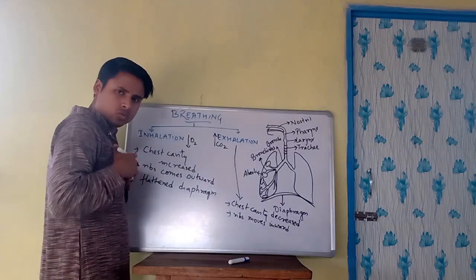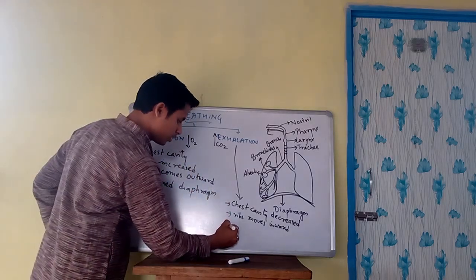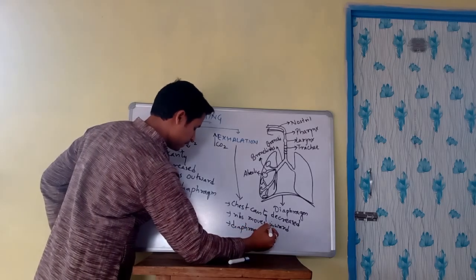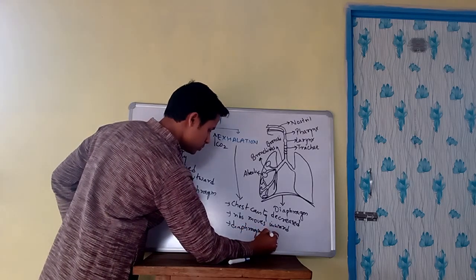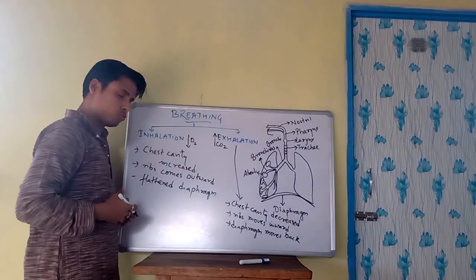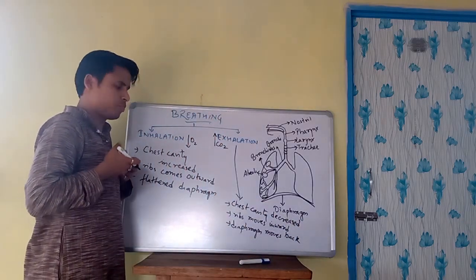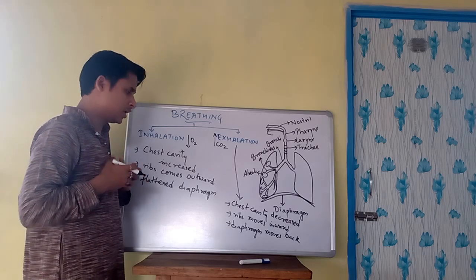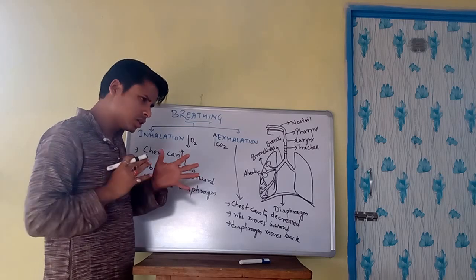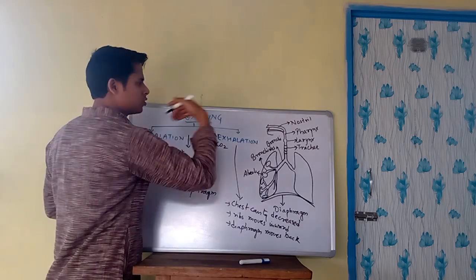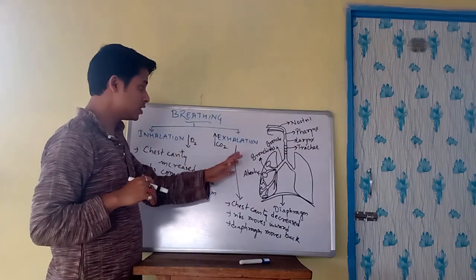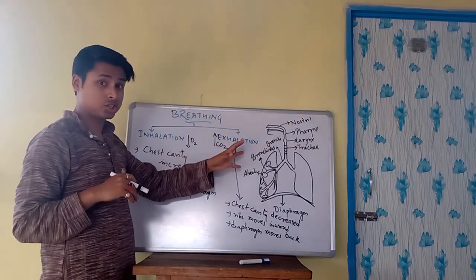The rib muscles move inward, and the diaphragm moves back. Now the diaphragm, which was flattened, comes back to its position, and because of that the surface area decreases, and the air is pushed out through the lungs and comes out, right? Like this, inhalation and exhalation take place.